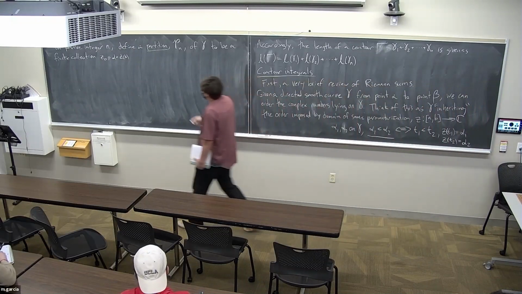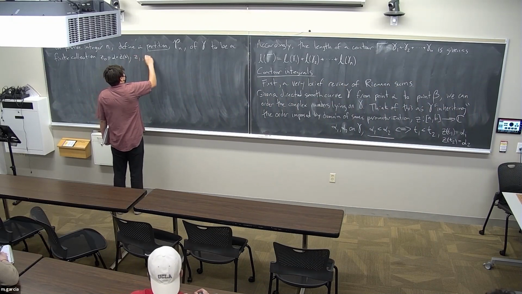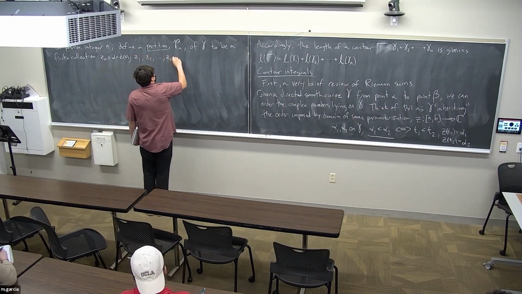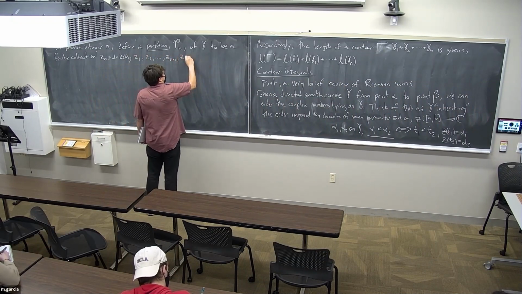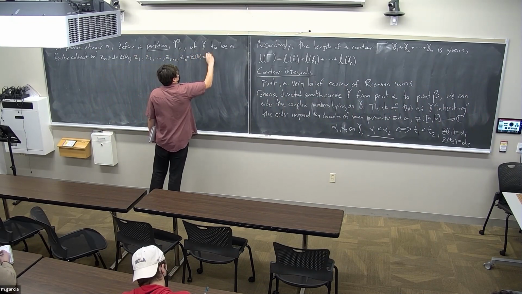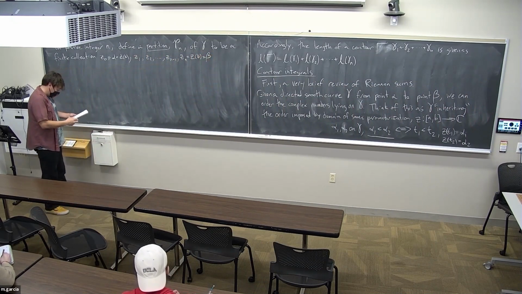Okay, so we get this finite collection of points, z naught, z1, z2, z n minus 1, and then we insist that we end at the end point of our directed smooth curve gamma.